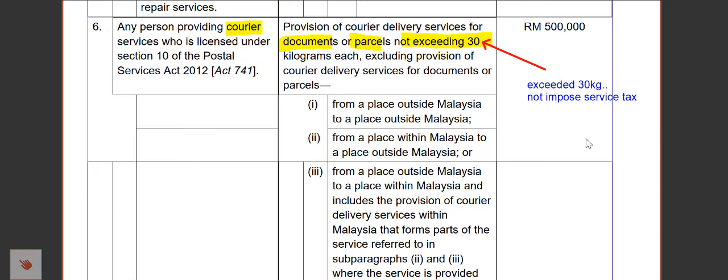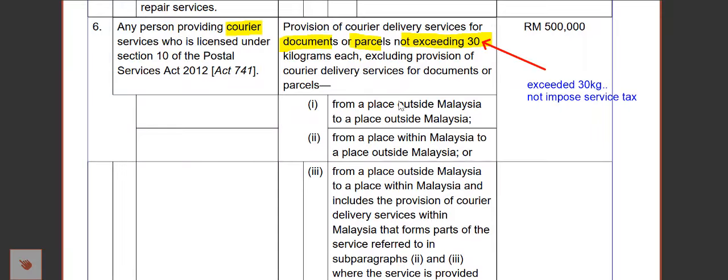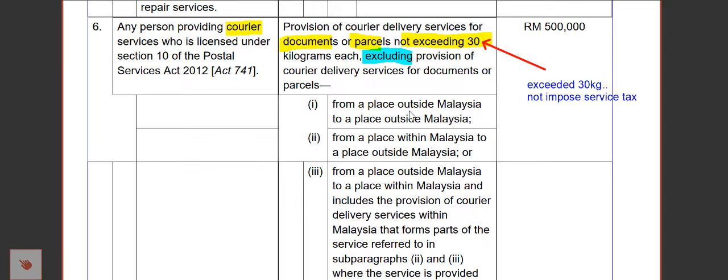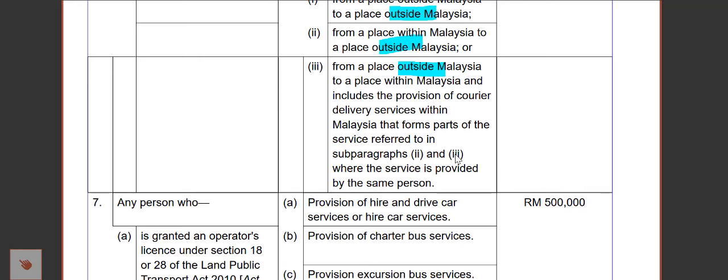Understand, not? Okay, so it's only for document parcel not exceeding 30 kilo. And very clearly they mention that it must be within Malaysia. Alright, so they exclude anything that involve outside. As long as there's an outside, it will be excluded.